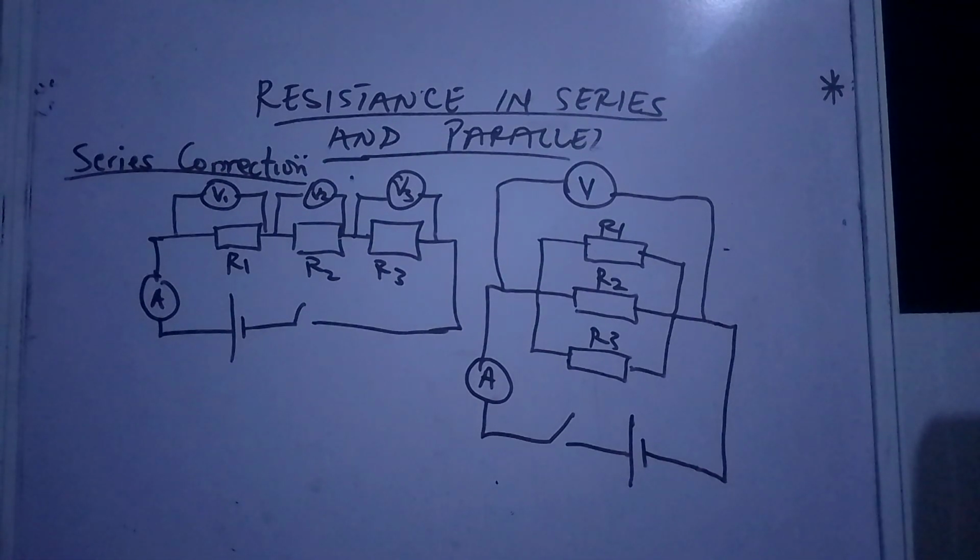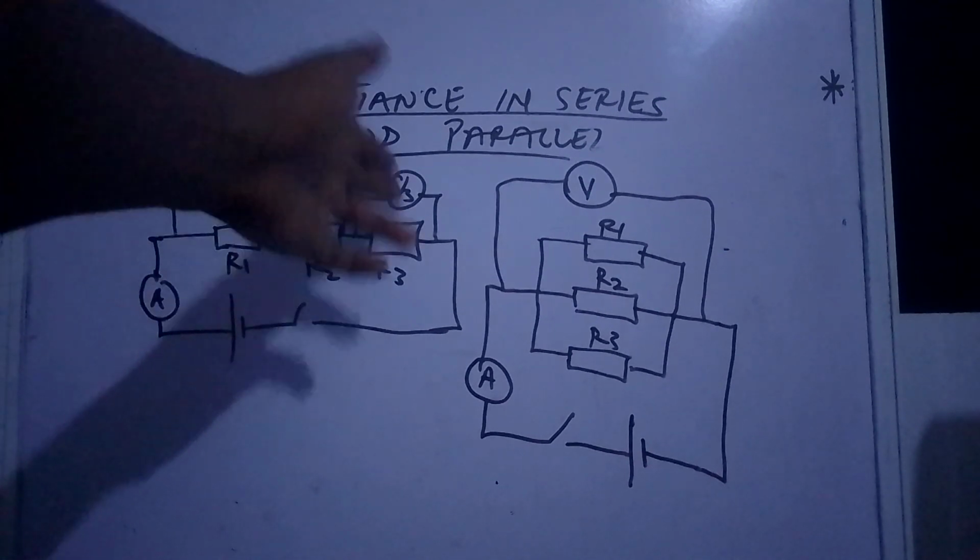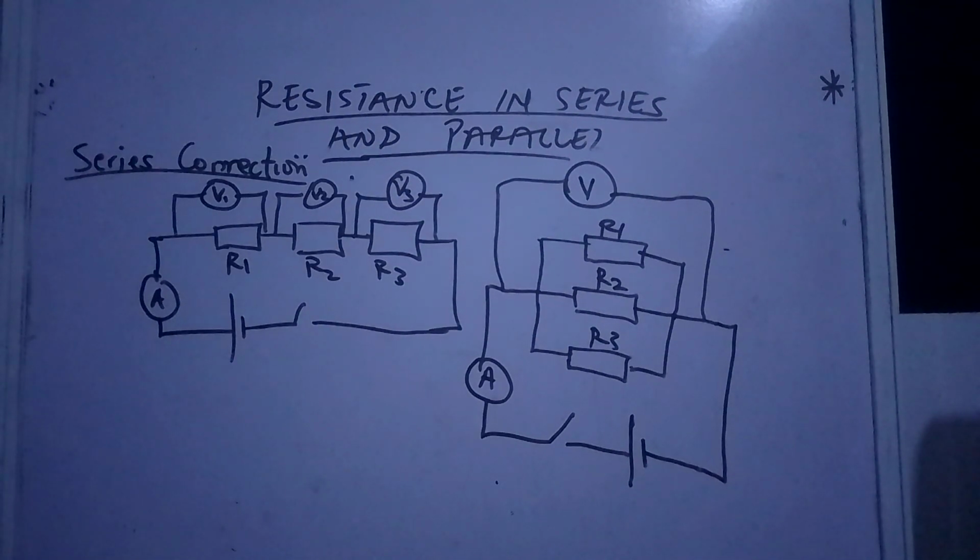But the second concept you must understand is that the voltage across each of the resistors is different. So in summary, when resistors are connected in series, they have the same current, but their voltage is different. So you have to put that at the back of your mind.